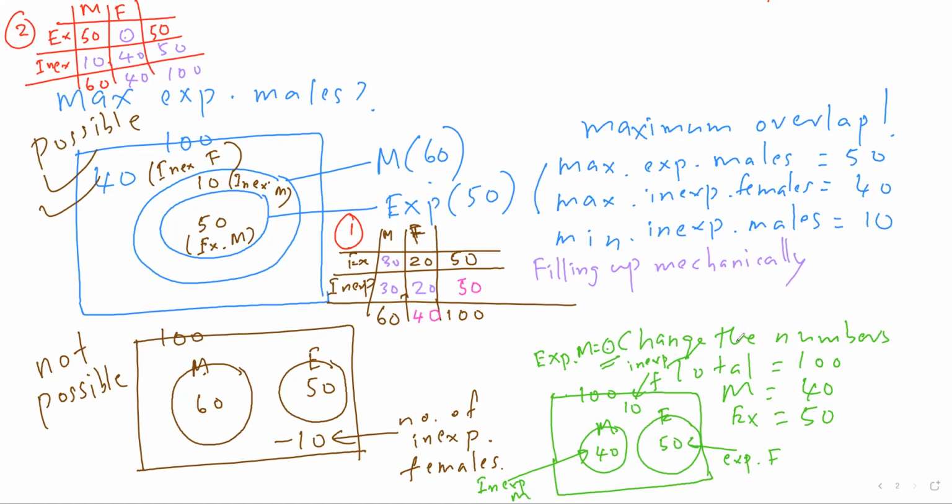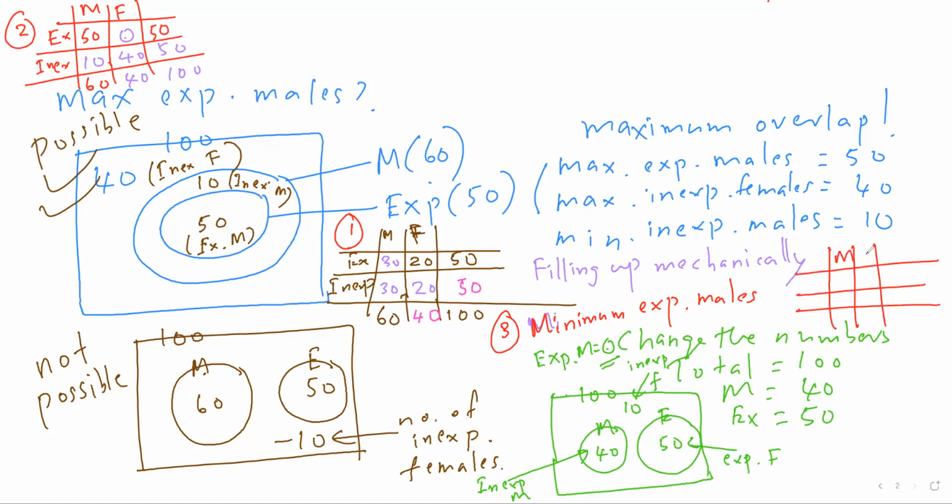And the same goes here. This is the case of the minimum. The third one is the case of minimum experienced males. So if you do the grid method here, you have males and females, experienced and inexperienced.